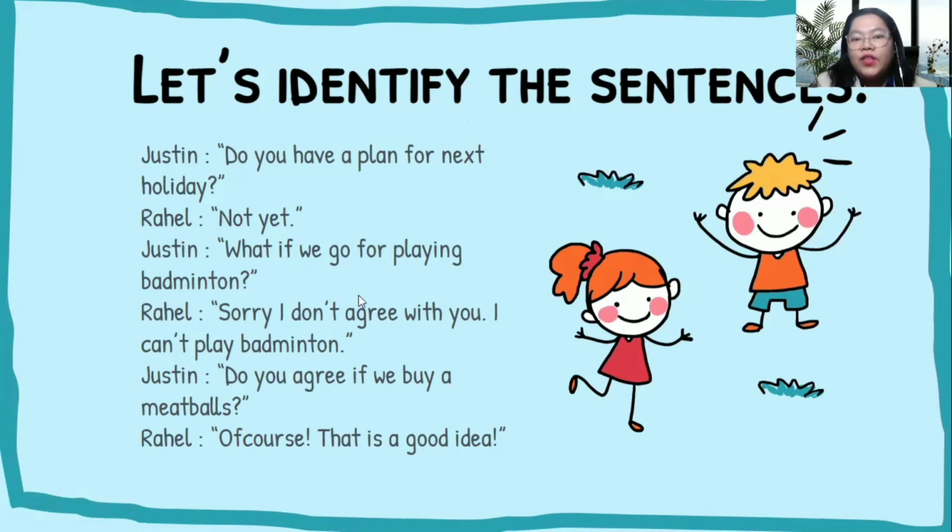"Sorry, I don't agree with you" is the expression of disagreement because Rahel doesn't agree if Justin asks her to join him playing badminton, because she cannot play badminton. Then for buying meatballs, I guess Rahel loves meatballs, so she agreed to buy meatballs with Justin.